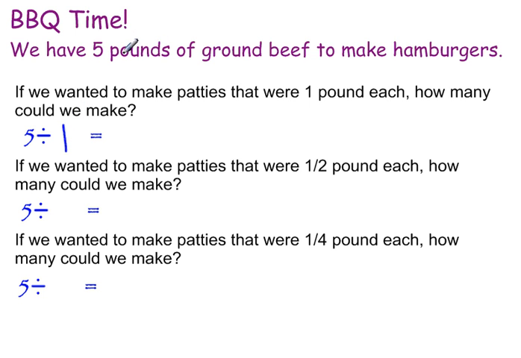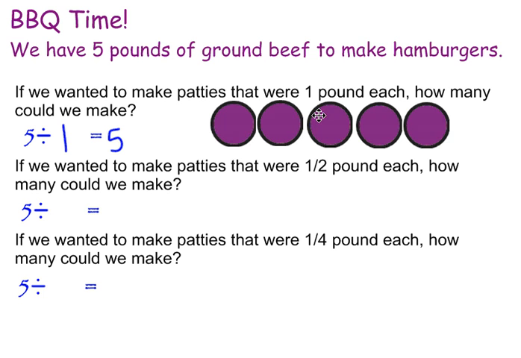Take this 5 pounds and make 1 pound patties. Well, 5 divided by 1 is 5. That seems pretty obvious. Here's my 5 pounds of meat, and if each burger is 1 pound, there it is. I've got a total of 5 burgers.